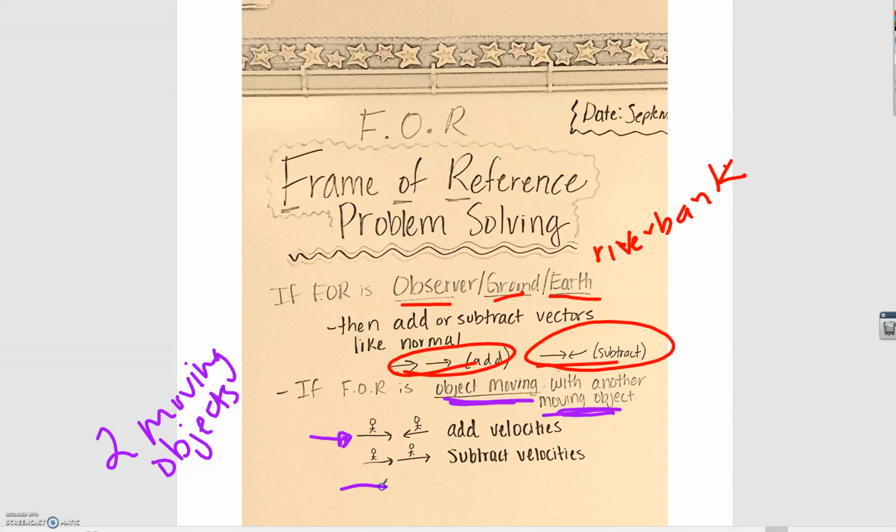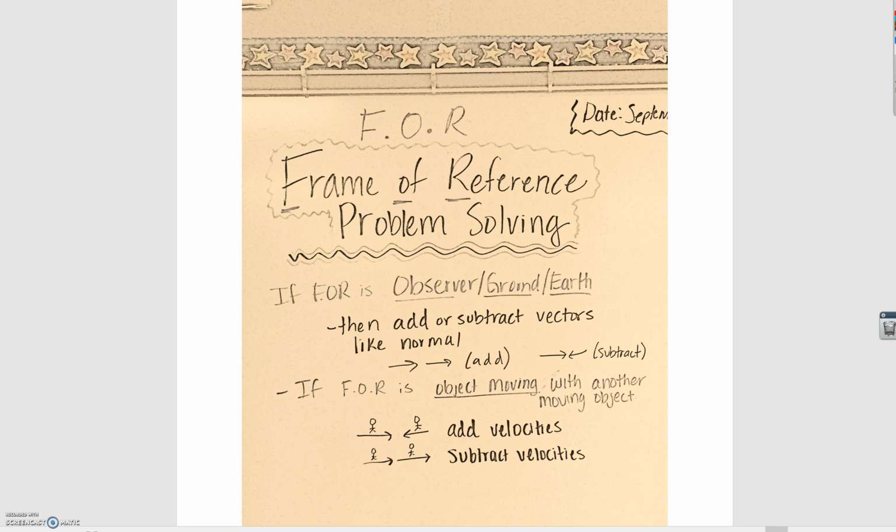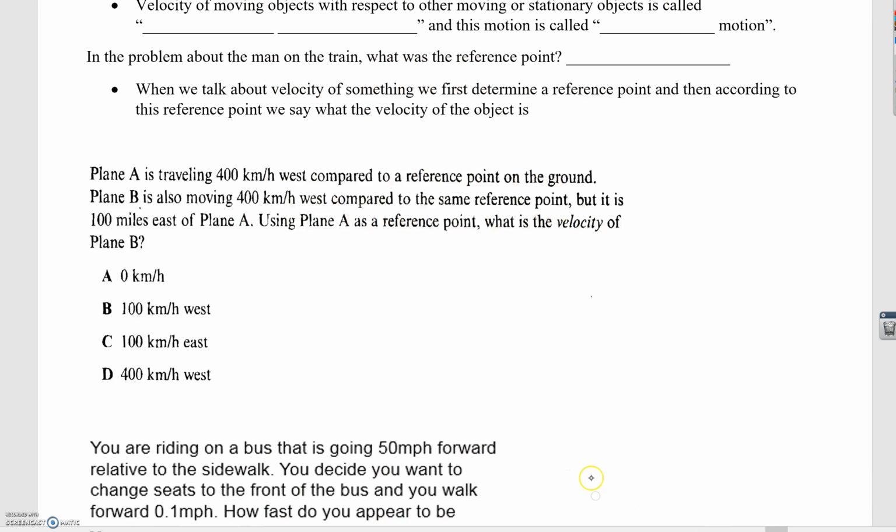As opposed to if they're both going the same direction and you're looking from the frame of reference of one person, then it looks like you're going slower. So it's going to be subtracting velocities. I'm going to revisit this as we solve the problems, but if you'd like to add this to your notes, you can. Let's go back to the problems.